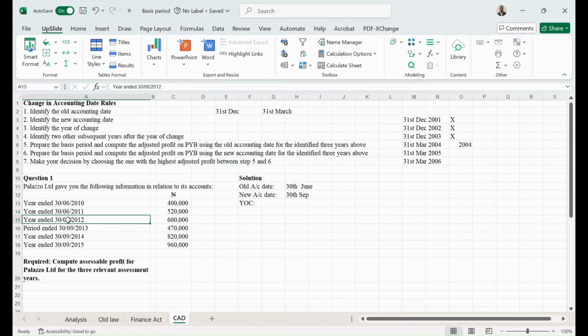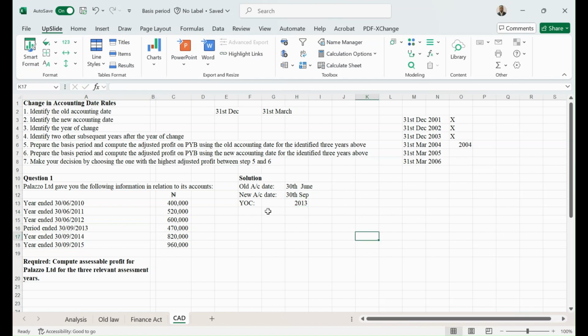As at 2012, the old accounting date was used, so 2012 is not the year of change. As of 2013, was the old accounting date used? No. So 2013 becomes our year of change.